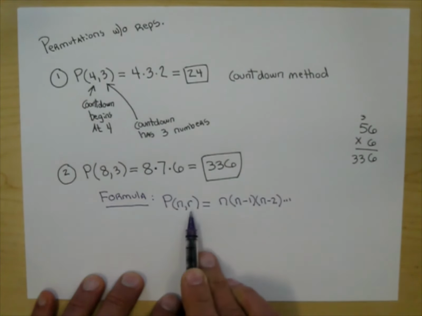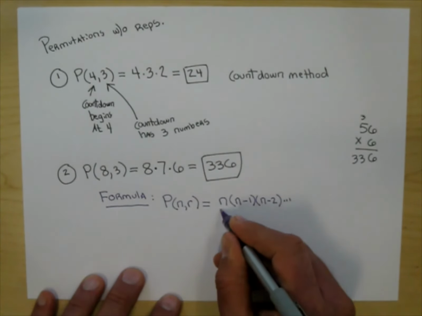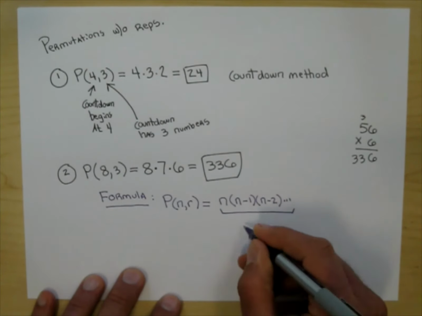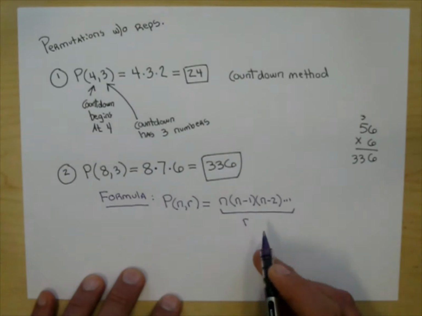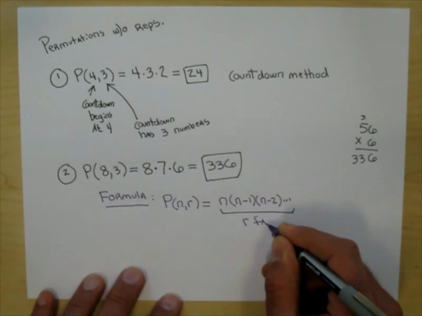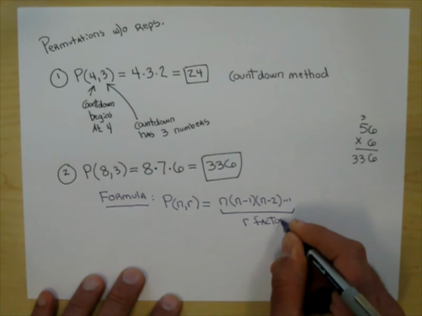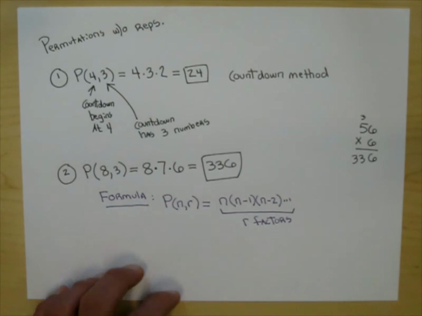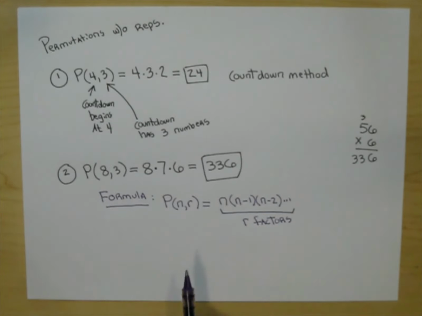We don't know how many numbers are going to be in the countdown. I mean, we know that there's going to be r of them. So r, and then these numbers, when you multiply them together, they're sometimes called factors. So there's r factors. Okay, so there's the formula. I put it in purple there. You don't need to memorize that formula. Just know how to do these kinds of problems.